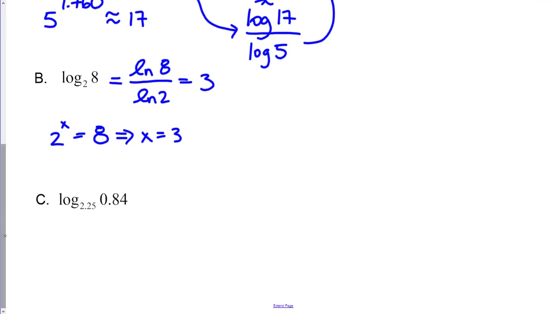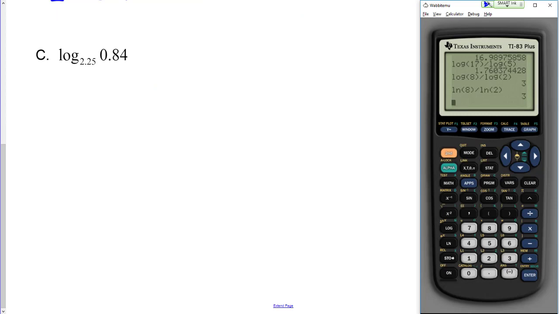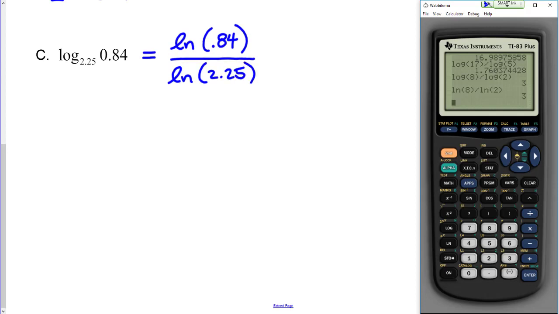Lastly here, this one's kind of a strange looking one. It's decimals, but that's okay. Log base 2.25 of 0.84. So the way we would do this is take the natural log of 0.84 divided by the natural log of 2.25.